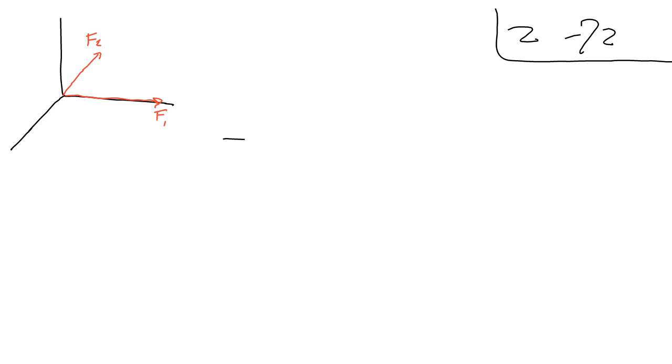It gave us this resultant vector over here. And then we know what these directional angles are: alpha, beta, gamma, Z.